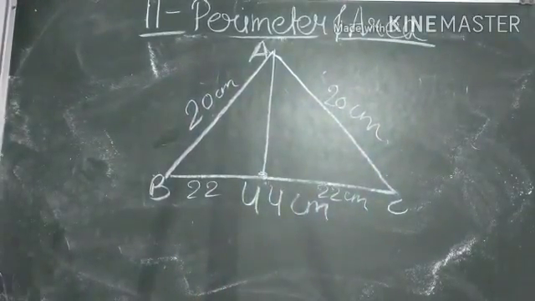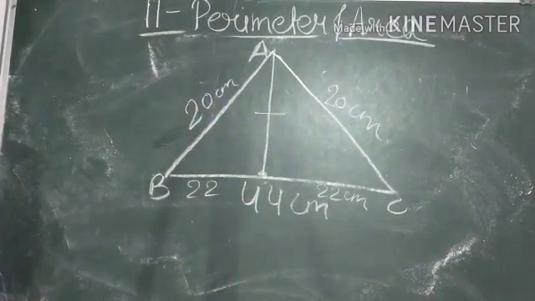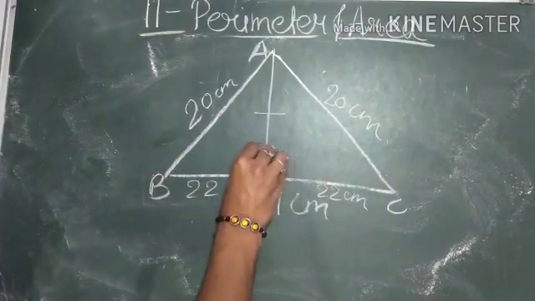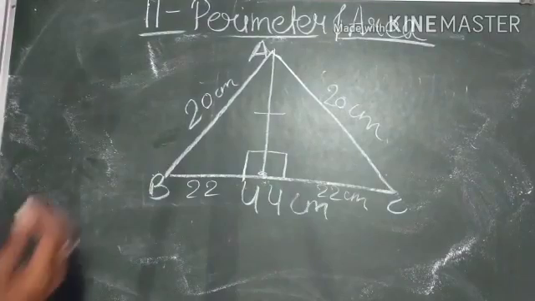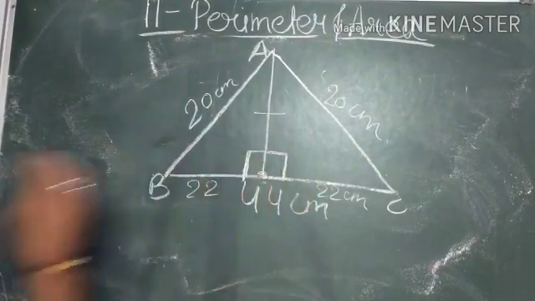So to find out the area of the triangle, we have to find out the height. So how will we find out the height? First we have to understand that wherever the perpendicular is drawn on the base or on any side, that perpendicular will always be at 90 degree.